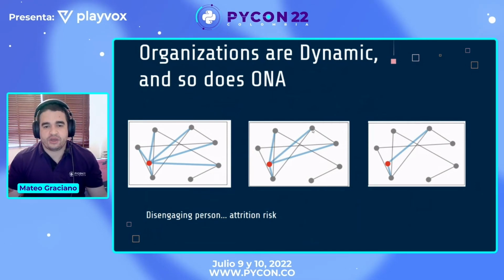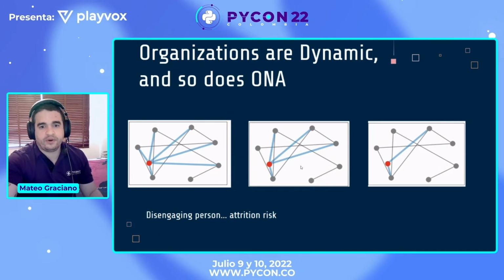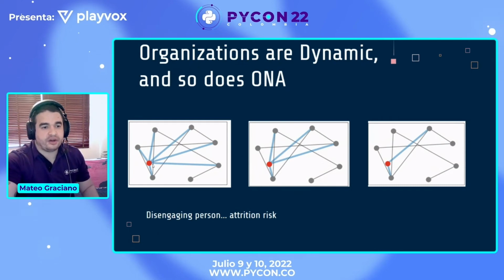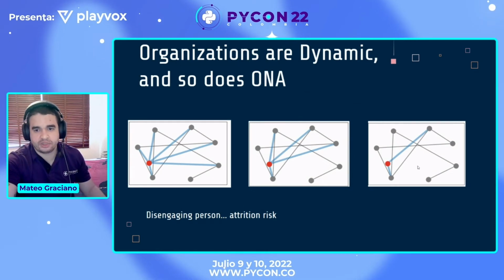Let's suppose that this is January, February, and March. What does this mean? Here, this red employee was pretty engaged. Then, not much. And then, definitely not engaged.